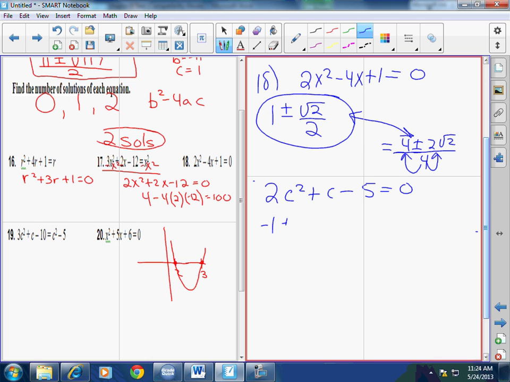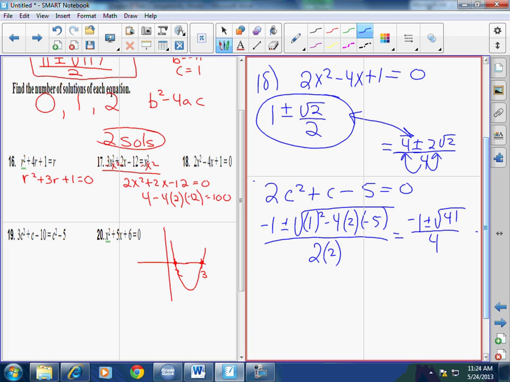Negative b plus or minus the square root of b squared minus 4 times a times c, over 2a. So that's going to give me negative 1 plus or minus the square root of 1 minus 4 times 2, which is negative 8, times negative 5 is 40. 40 plus 1 is 41. So negative 1 plus or minus the square root of 41, over 4. That was the answer for that one.